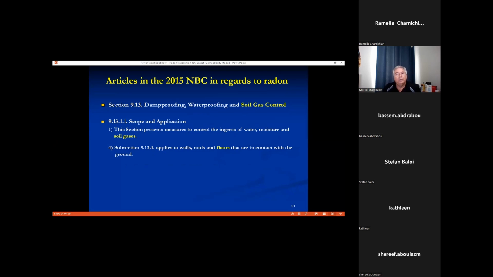So again, section 915, we're talking about dampproofing, waterproofing, and soil gas control. So again, that section there will relate to trying to minimize radon getting into your home at that point. So article 913.1.1, this section presents measures to control the ingress of water, moisture, and soil gases.